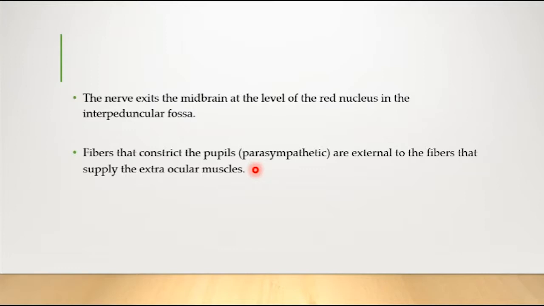Most of the time the parasympathetic fibers are spared, so you have unopposed sympathetic activity, and the pupil function is normal.